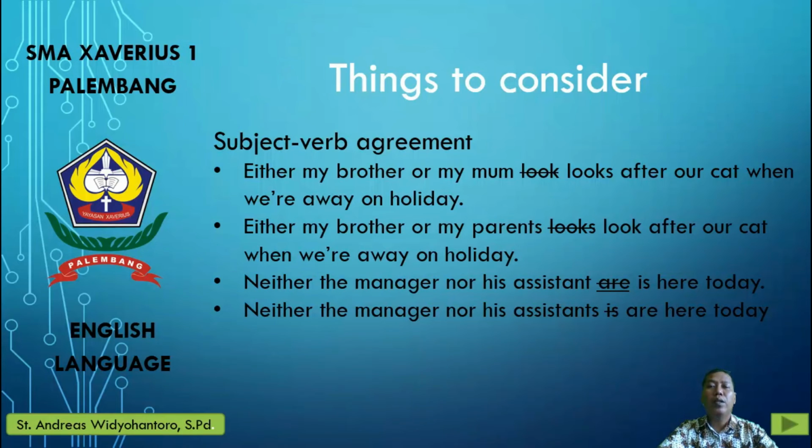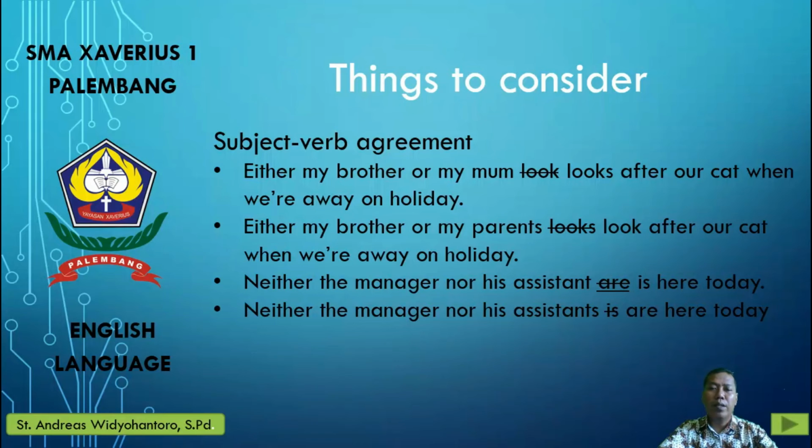We use the second subject as the main subject of the verb. Either my brother or my parents look after our cat when we are away on holiday. So here the verb look follows the second subject, my parents. It is different from the first, where looks follows my mom as the third person singular.